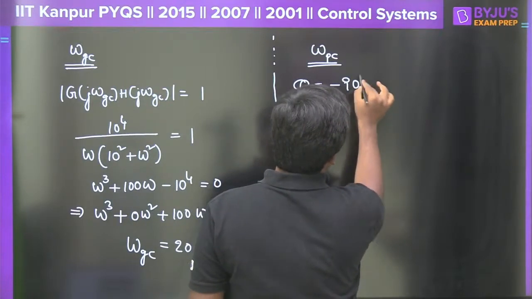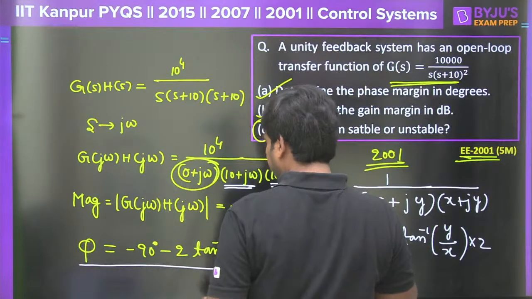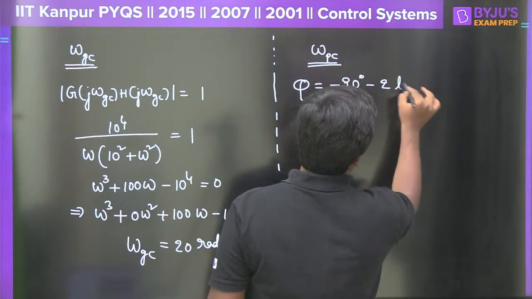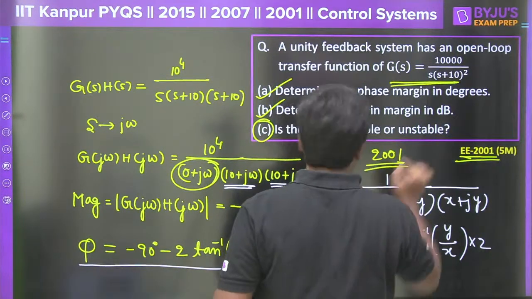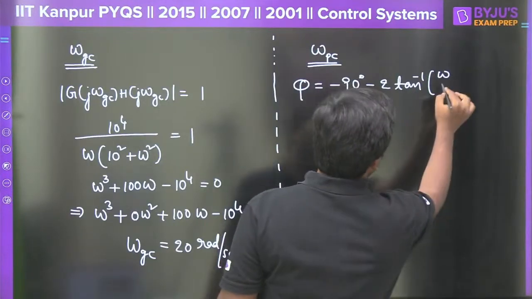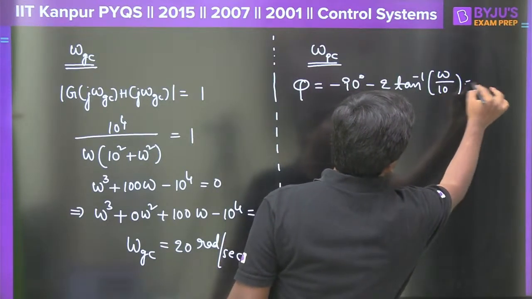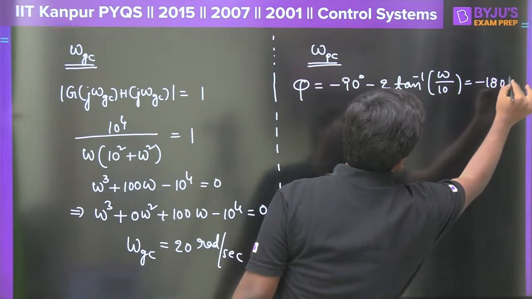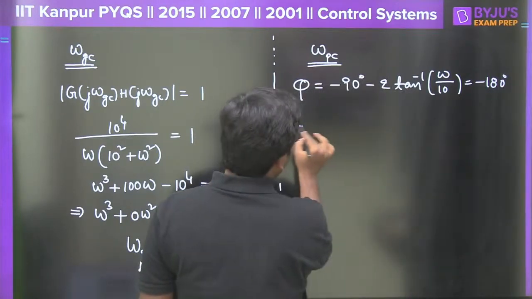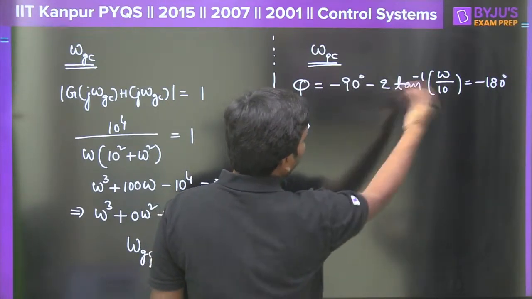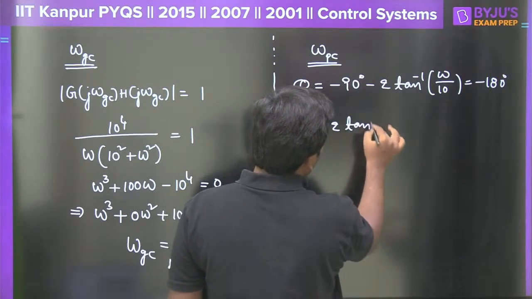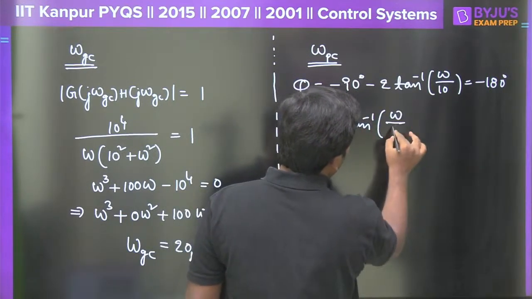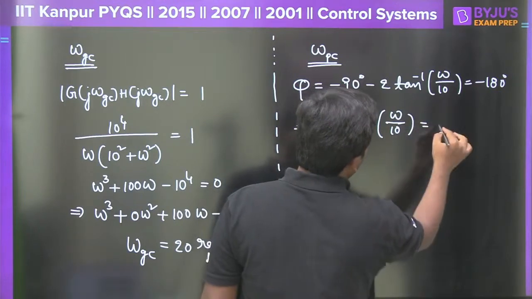So that is minus 90 degrees minus 2 tan inverse of omega by 10 equal to minus 180 degrees. Moving ahead with this, if you take minus 90 to that side, minus 2 tan inverse of omega by 10 would be equal to how much?